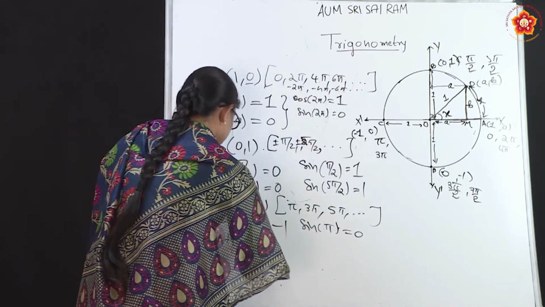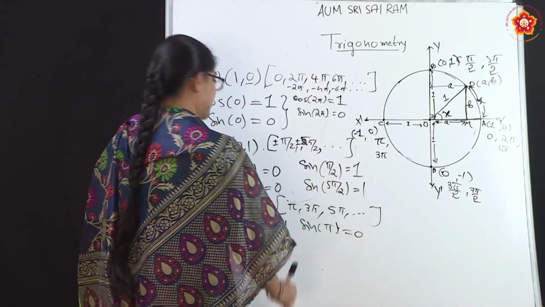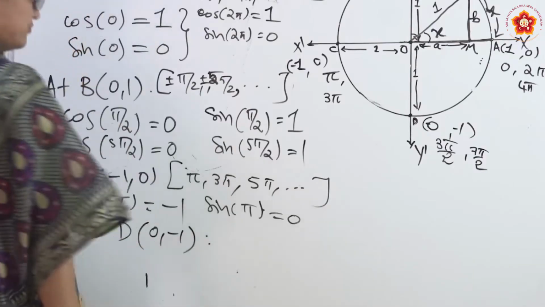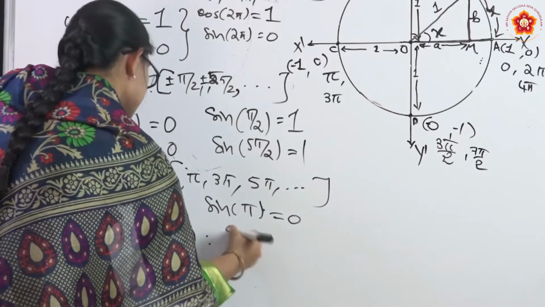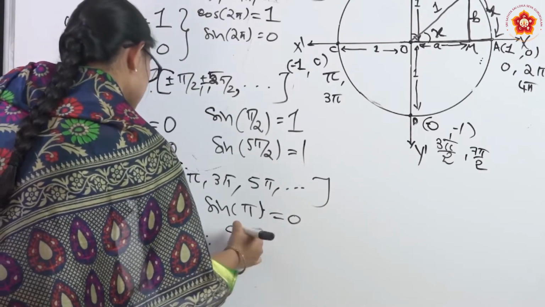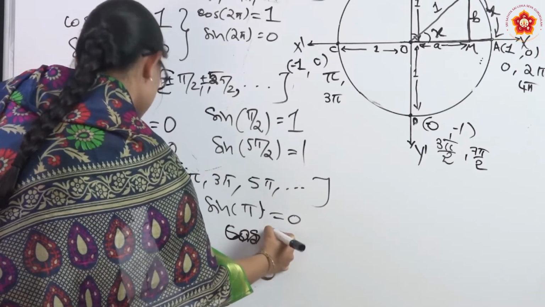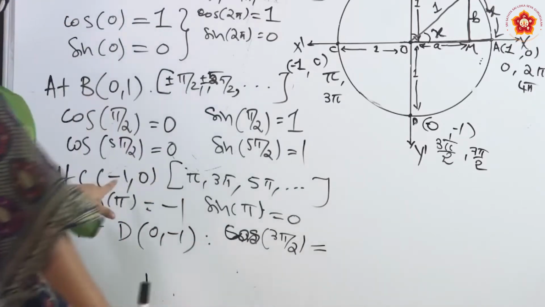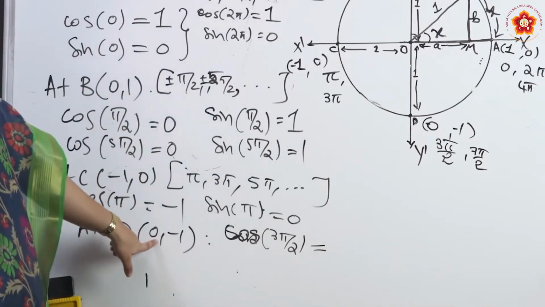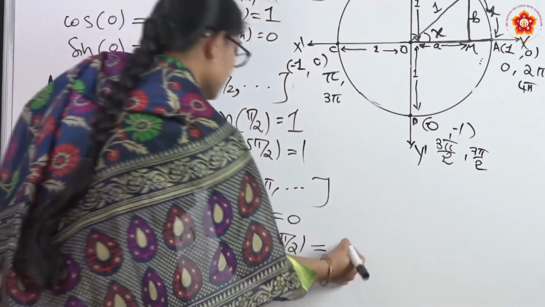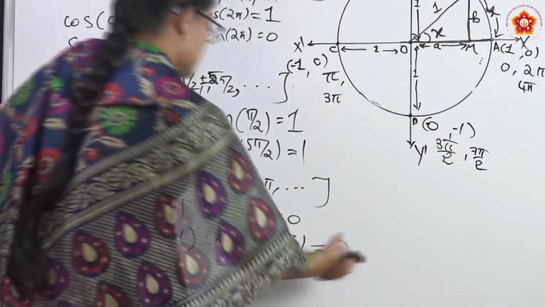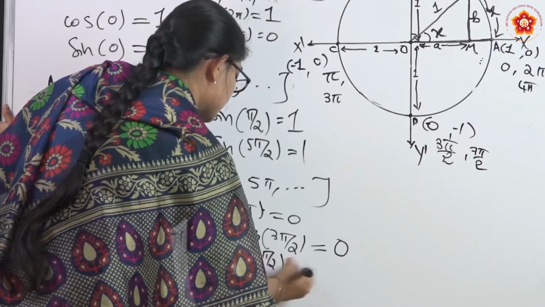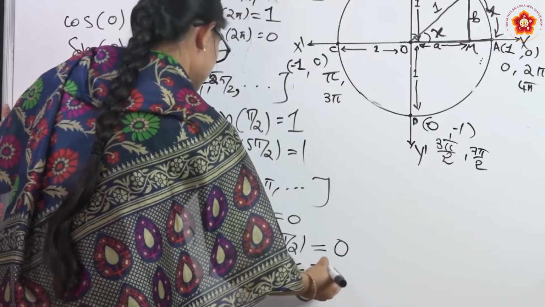Next, at D we can consider the coordinates 0 comma minus 1. Therefore cos of 3 pi by 2: at D the x coordinate is 0, so cos of 3 pi by 2 is 0, and the y coordinate gives you the sine, so sine of 3 pi by 2 is equal to minus 1.